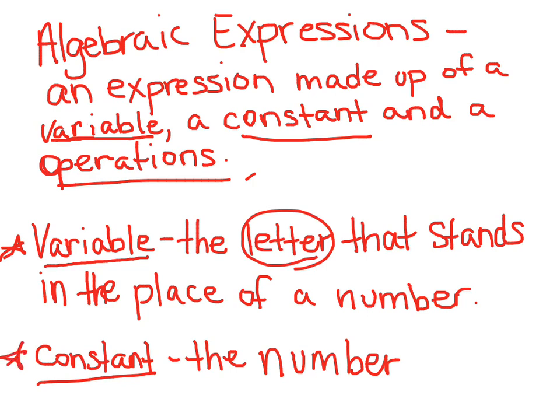The constant is the number by itself. And then the operations are your addition, subtraction, multiplication, and division signs. So an algebraic expression has a variable, which is a letter, a constant, which is a number, and an operation, which is add, subtract, multiply, or divide.